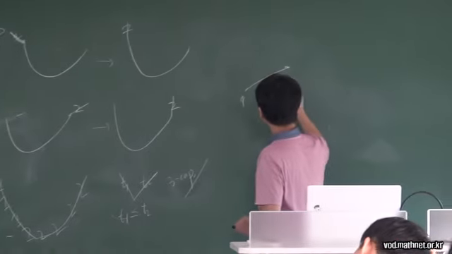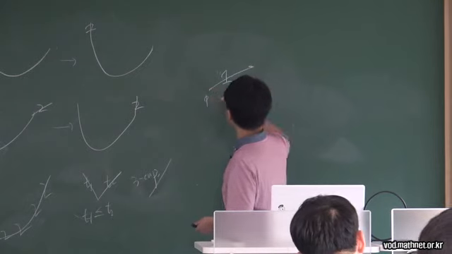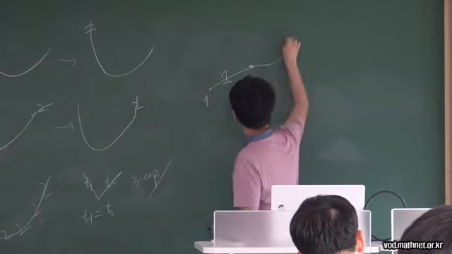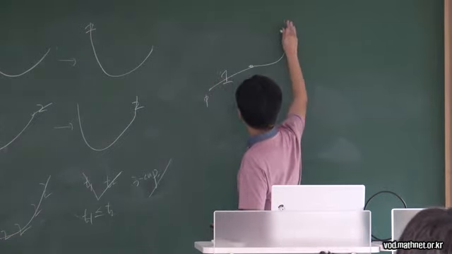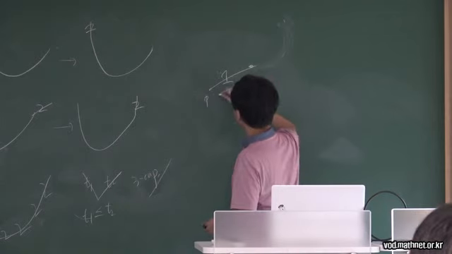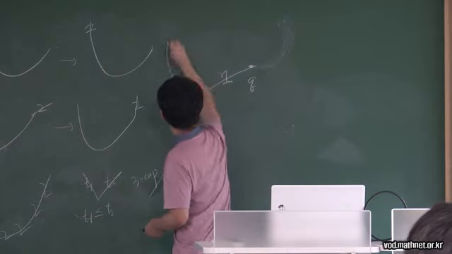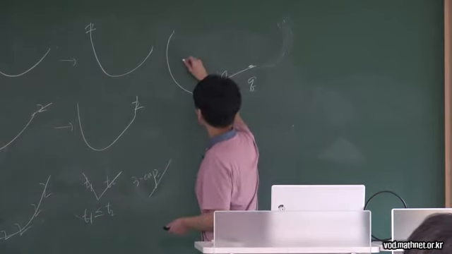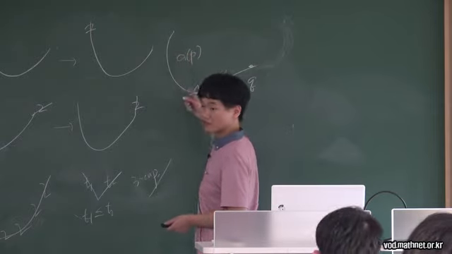If P and Q are connected by type 1, then we can always extend... No, sorry. We can always extend this cup of length alpha P ending with type 1.